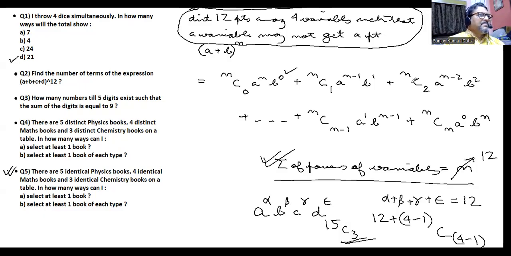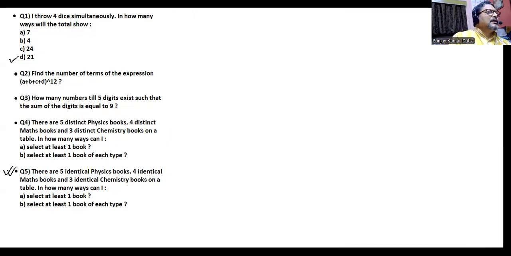Okay. Next, allow me to rub this off because the questions are all in one place. I hope you have understood them enough. How many numbers till 5 digits exist such that the sum of the digits is equal to 9? Till 5 digits. That means your number can be 1 digit, sum of the digits is equal to 9, highly possible, 9 itself.